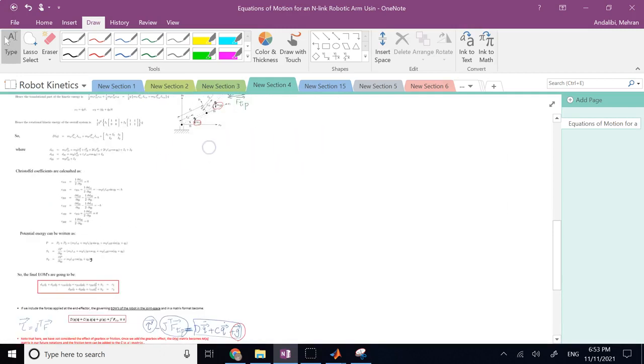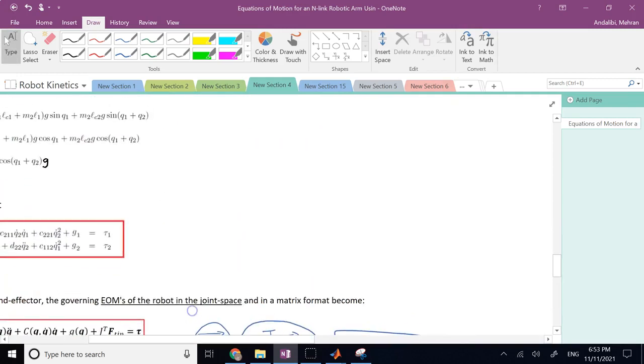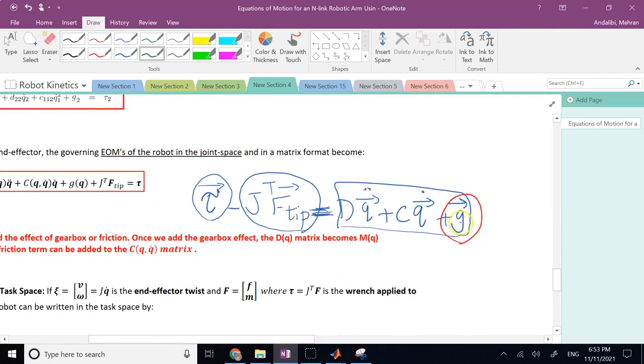So your total torque now is going to be G plus this term. You can take this term to the other side. So G plus that term is going to be all that I need in static condition.